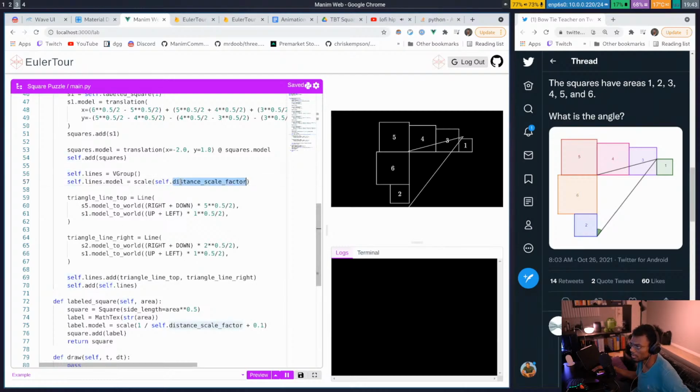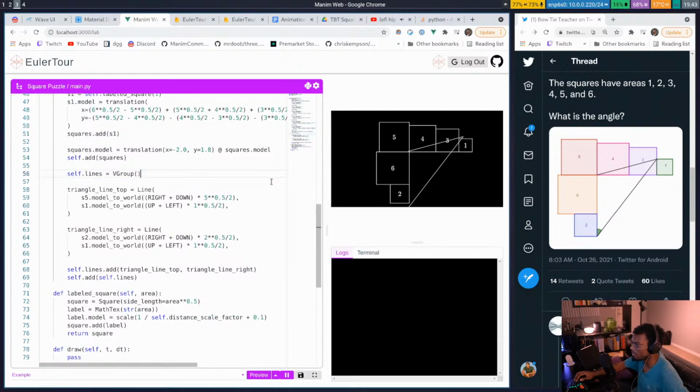Oh, it must be because this itself is scaled. So only if I removed this would it then match that scale. I'm slowly moving this back to just 2, -2, 2. Whatever.